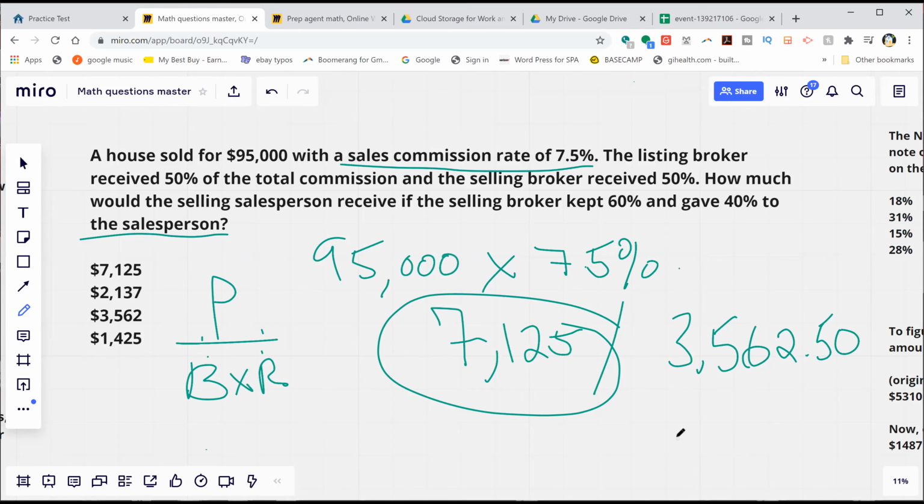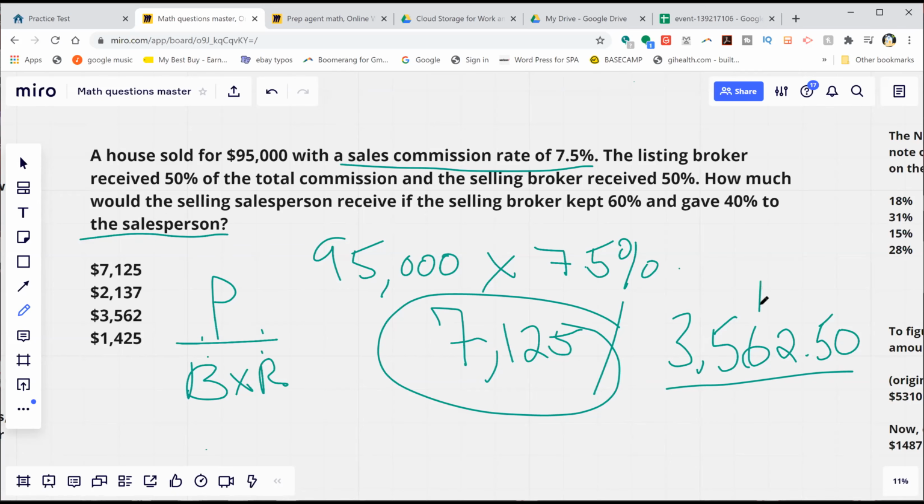So Brenda, the way that you did it, the first thing you did was get the total commission, but then you didn't split that in half, because do you see how the listing broker and the selling broker both receive 50%? So you have to get down to $3,562.50. Now that we have that, the selling broker received 50%.